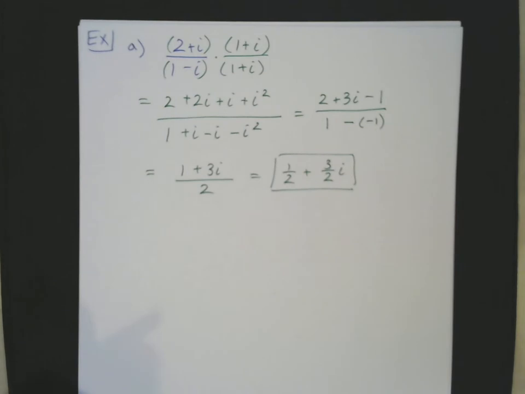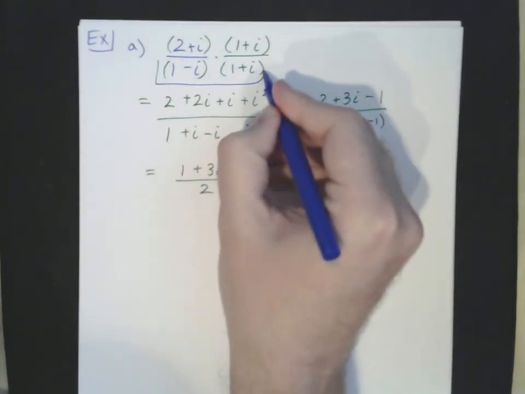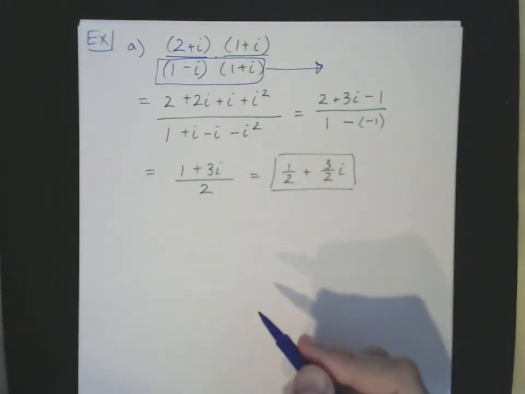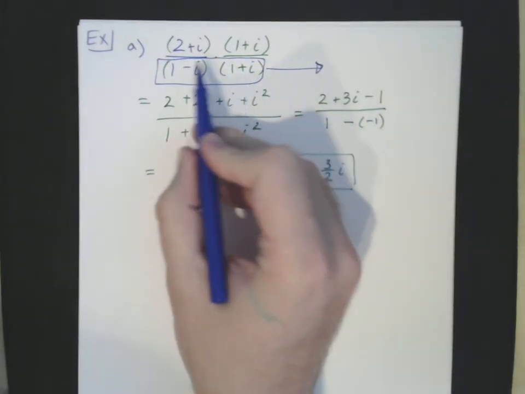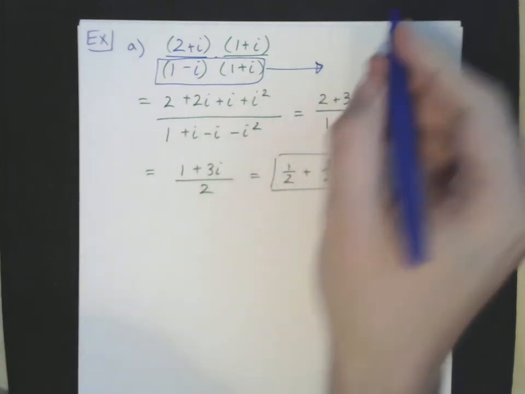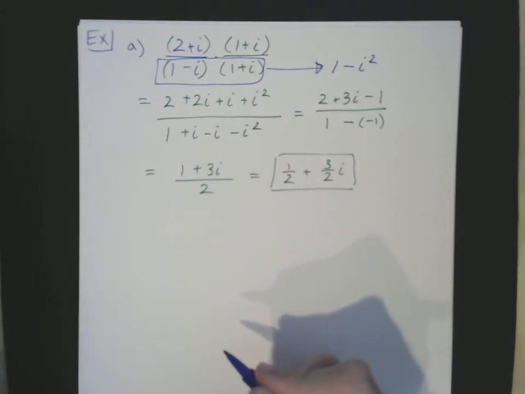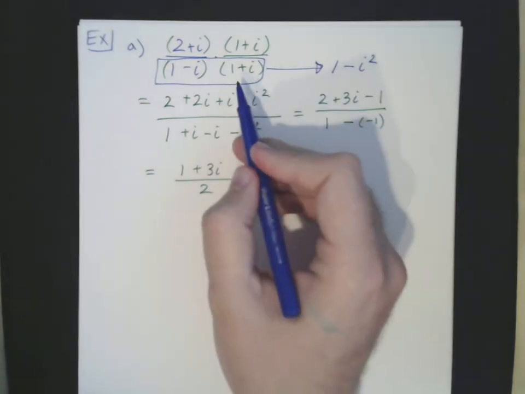So what's happening here is the same thing that happens when we multiply by conjugates with radicals. It forces a very specific factorization, which is 1 minus i squared, when we multiply on this one.